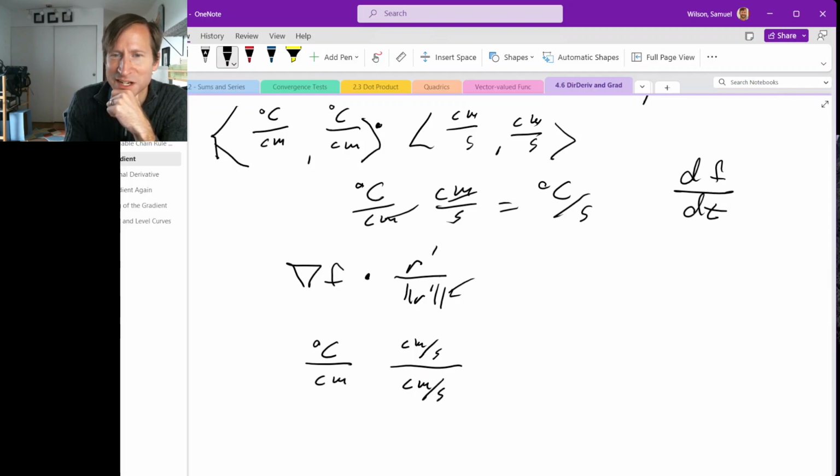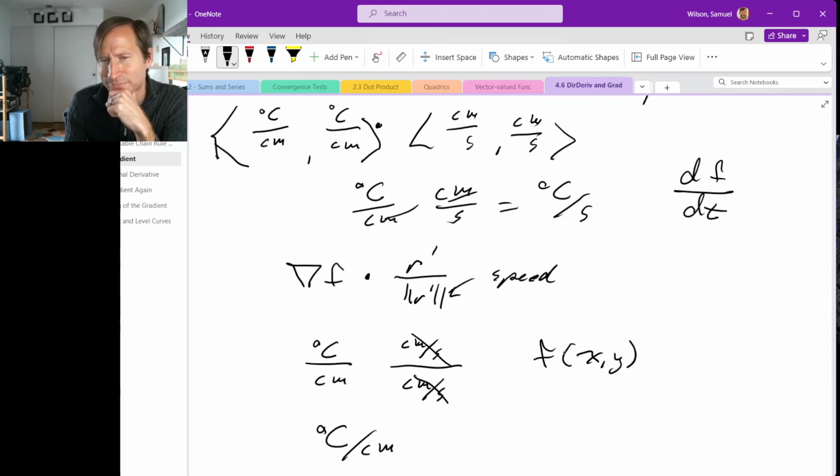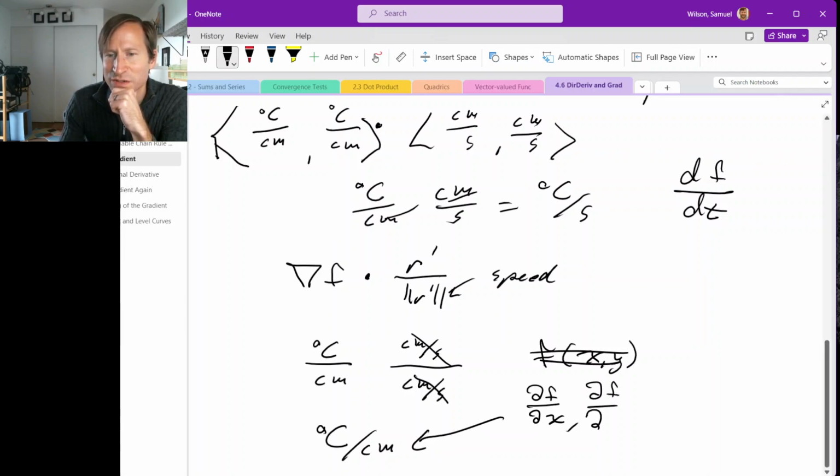This denominator is the speed, and that also is in centimeters per second. So the centimeters per second cancel, and the units we get are degrees Celsius per centimeter. And this unit, degrees Celsius per centimeter, is the same as the units of the partial derivatives of f.